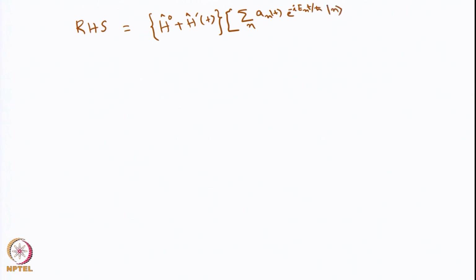Okay. Now, let us look at the RHS. What is the RHS? RHS equals H naught plus H prime of t acting on sigma over n a_n of t e to the power of minus i E_n t by h bar psi_n. So when H naught acts, H naught is time independent.